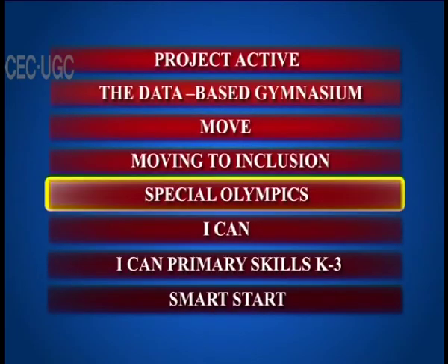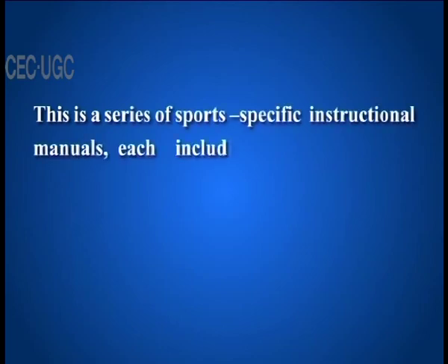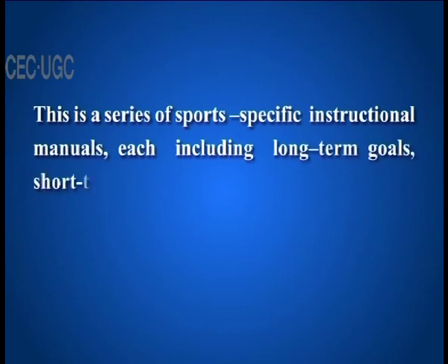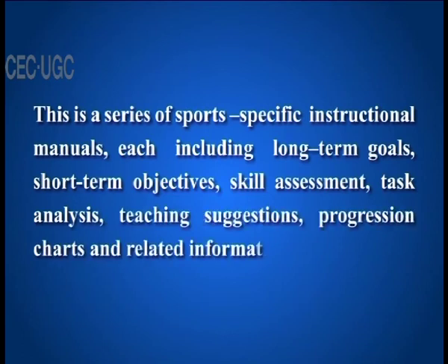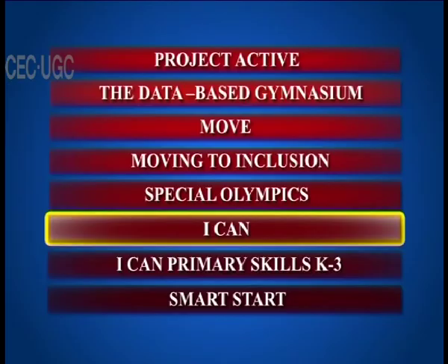Next is Special Olympics. This is a series of sport-specific instructional manuals, each including long-term goals, short-term objectives, skill assessment, task analysis, teaching suggestions, progression chart, and related information. The next model is I CAN.